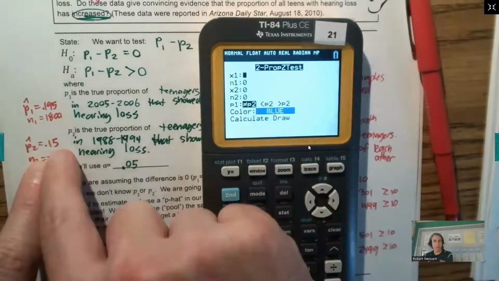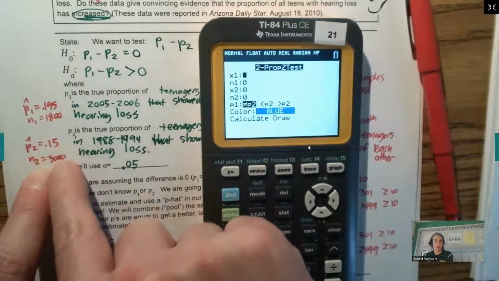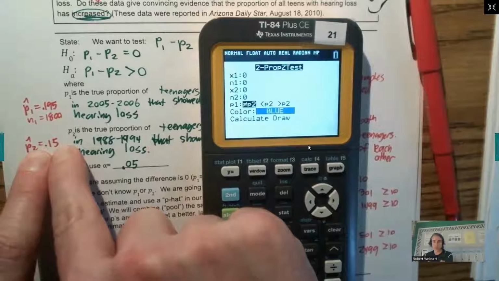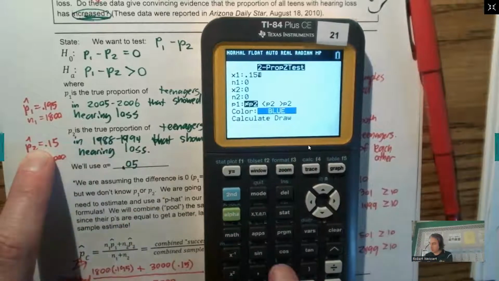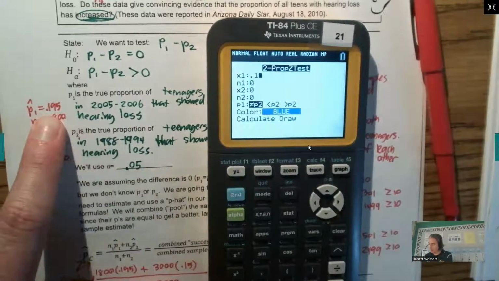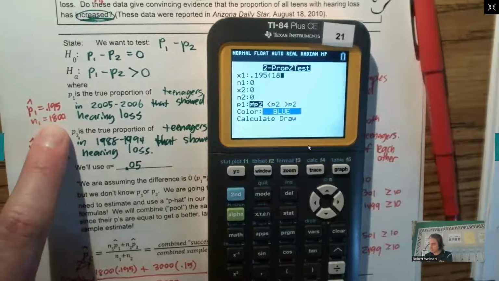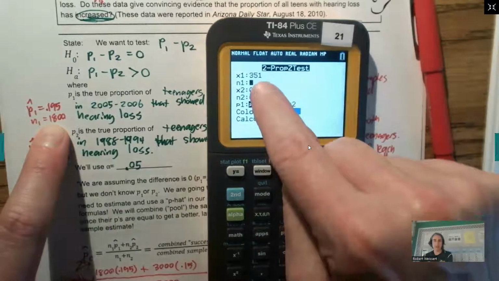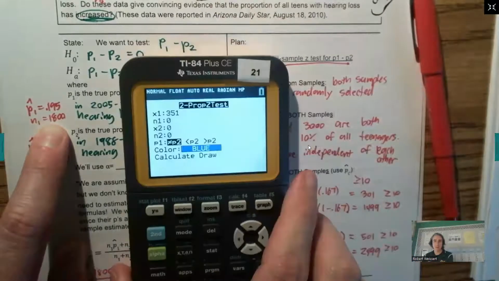We're not given the number of people out of the 3000 that had hearing loss. We're given the percentage. So I'm going to do 0.195 times 1800, and it's going to calculate that for us. That's 351.